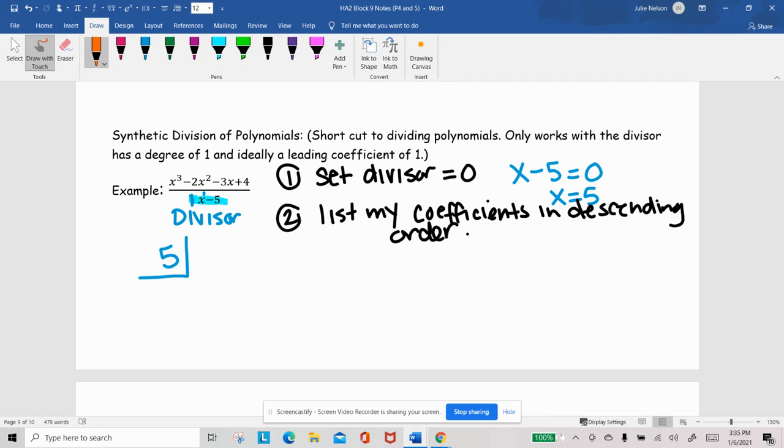Well, my highest power is x cubed. The leading coefficient is 1. My next highest power is x squared, so my coefficient is 2. My next one is x, so my coefficient is 3. And then no x's would be 4.